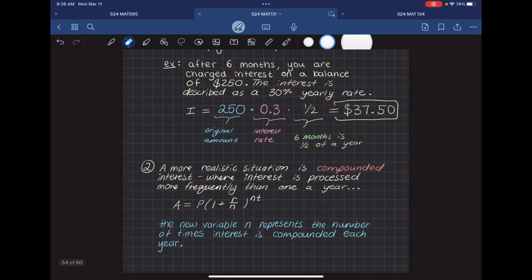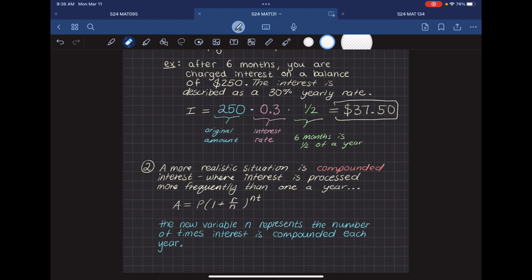But as we discussed in class 2 weeks ago, a more realistic situation is compounded interest, where if you have that balance sitting for an entire year, they don't just at the end of the year apply the interest, they're applying it every month. And every month they're applying a fraction of that annual interest rate, right?